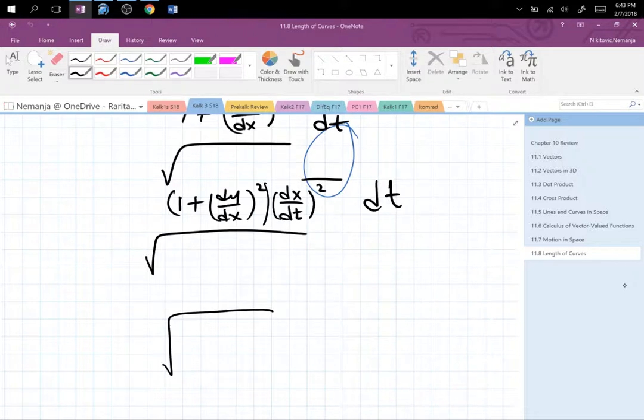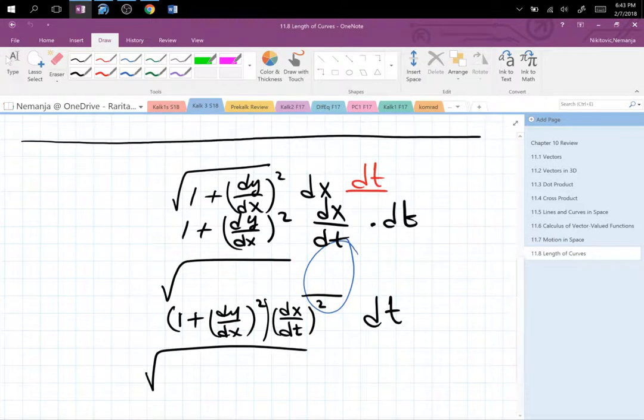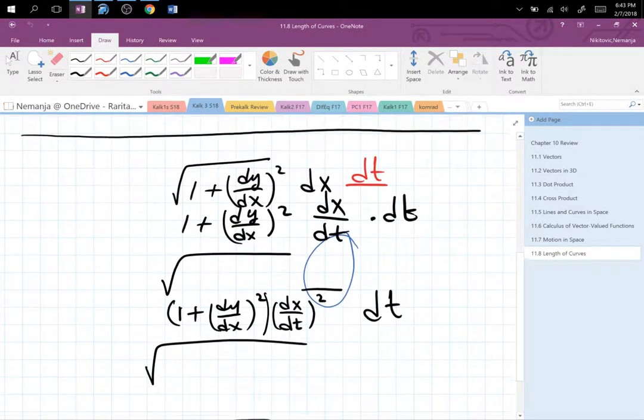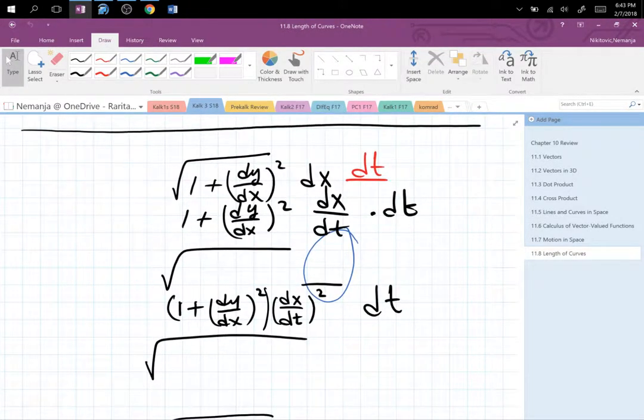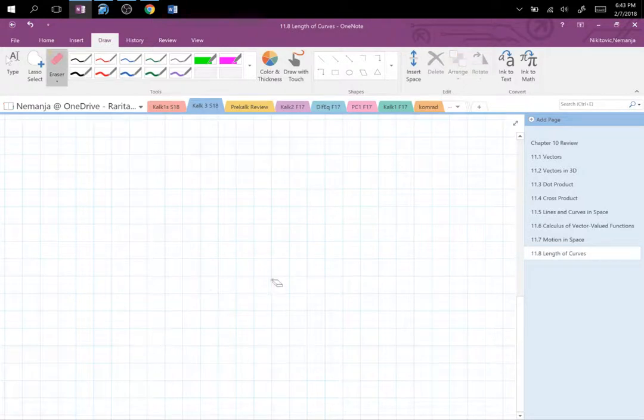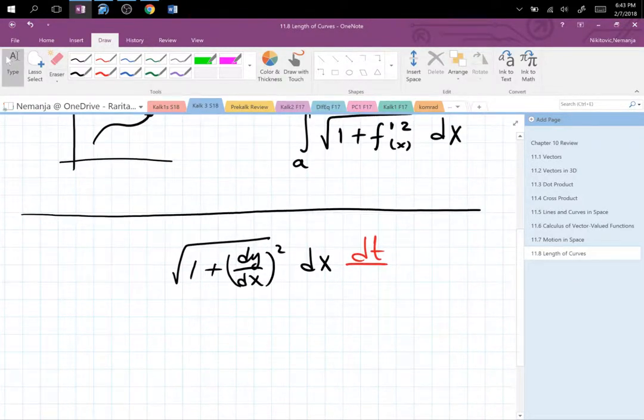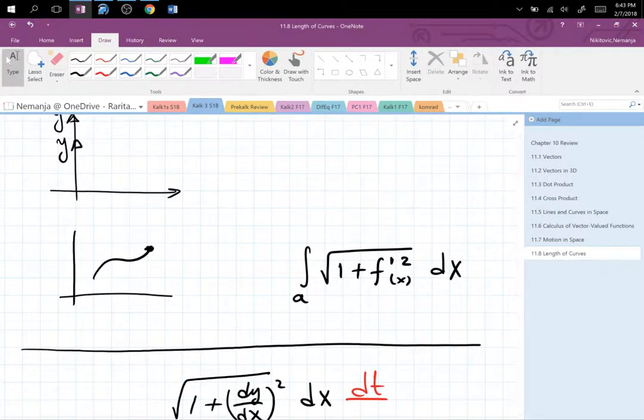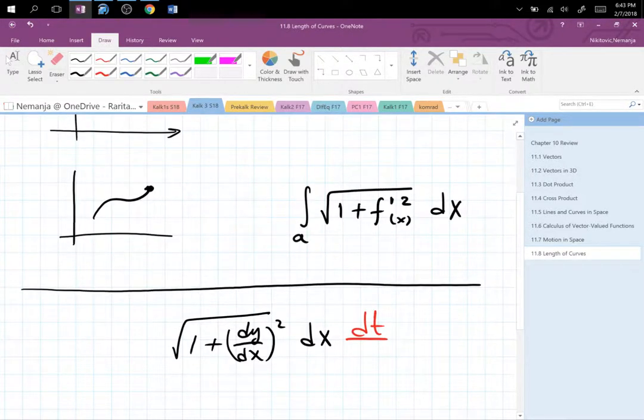Can I have one of the iPhones? I really need to break something. It destroyed everything. The square roots are in the right spot and the rest is just gone. I have to move back to my Surface 3 because Surface 4 is not working. Look, the whole lecture is gone.